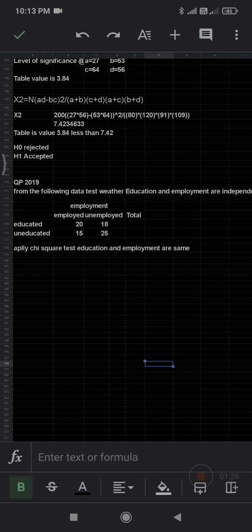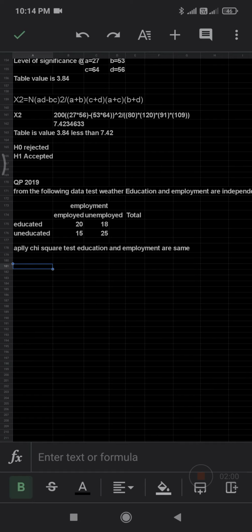Educated people employed is 20, educated people unemployed is 18, uneducated employed is 15, and uneducated unemployed is 25. And the last line says apply chi-square test, education and employment are same.